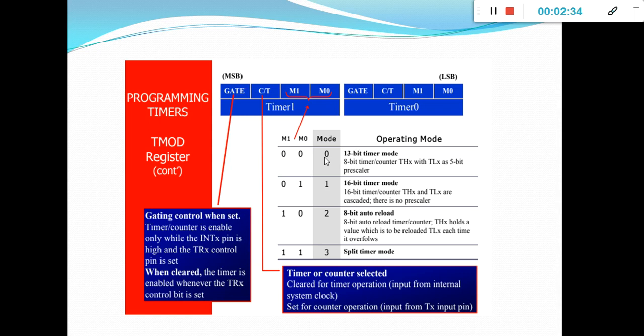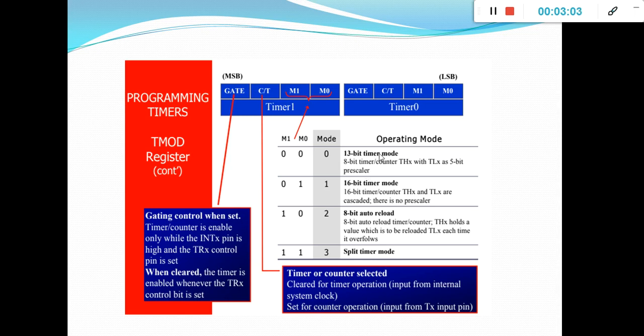Now, what is the operation of mode 0? Mode 0 is a 13-bit timer mode, but in the 8051 the timers are 16-bit. In that 13 bits, 8 bits are for the timer or counter, where THX and TLX are used, and the remaining 5 bits are for the prescaler, meaning the clock frequency.